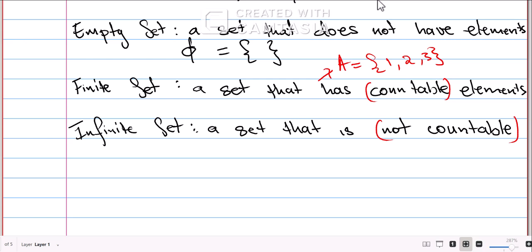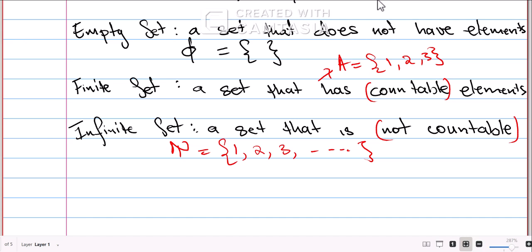An example of this is the set of natural numbers, 1, 2, 3, and so on. It goes to infinity.